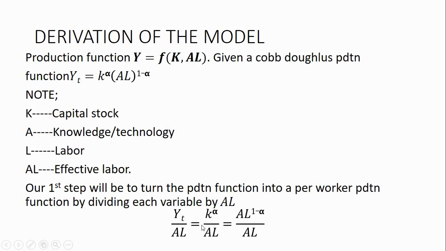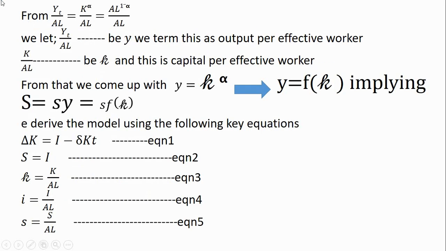Sorry about this, but the K over AL has to be in the brackets and the alpha outside the brackets. The same applies to AL over AL, and this is supposed to be a multiplication sign, not an equal sign. So after dividing, we come up with something like that.